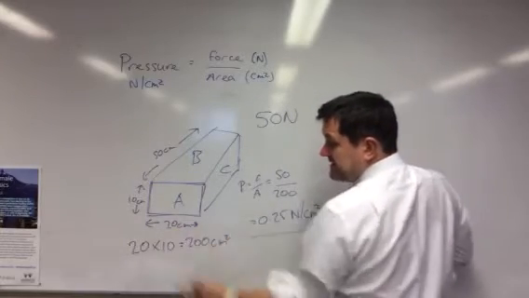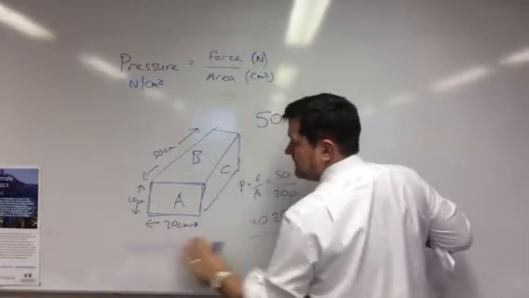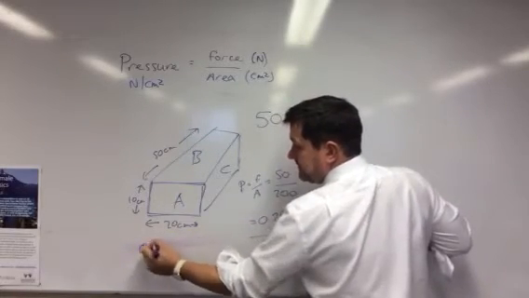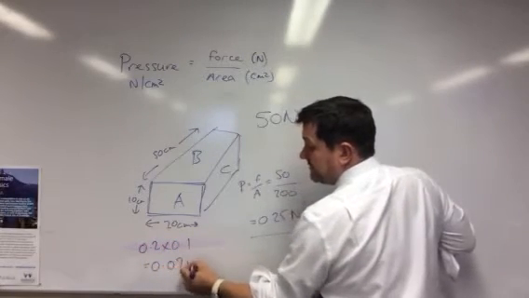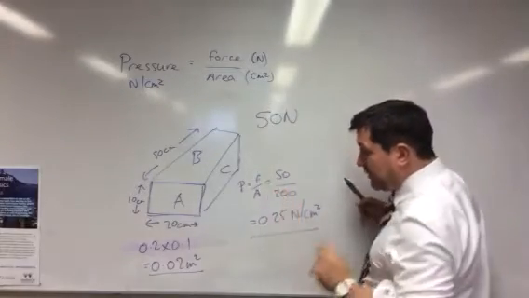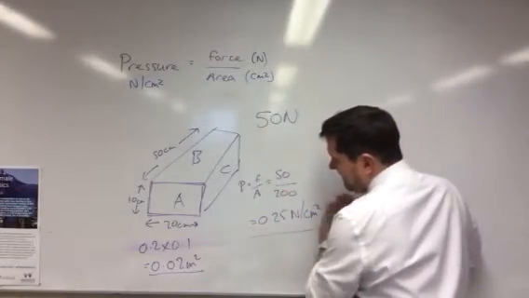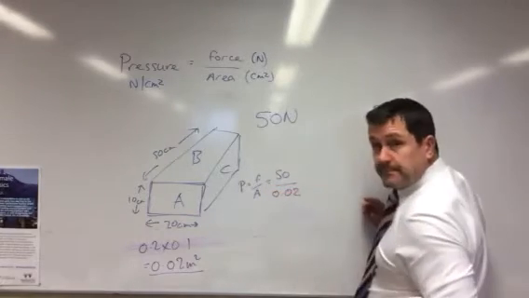So if we were to do it in meters squared, it would be 0.2 times 0.1, which is 0.02 meters squared. So instead of being 50 divided by 200, it would be 50 divided by 0.02, okay?